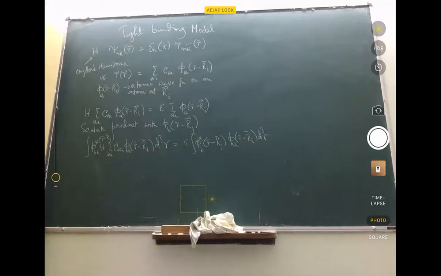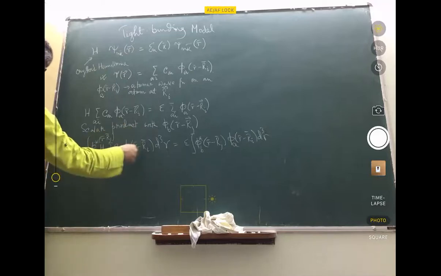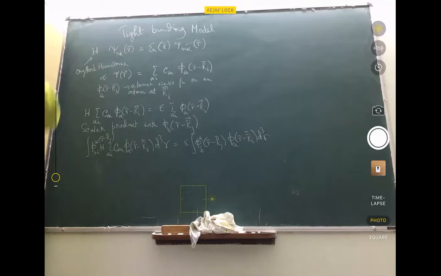Okay, so what do we have on the left? What we have on the left is some matrix element of the Hamiltonian when these phi a's are considered to be forming the basis. So apart from these coefficients, this integral would give me a matrix element. So let me write the notation that I have used here.